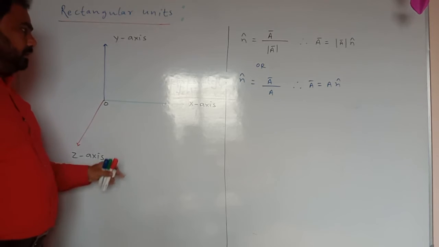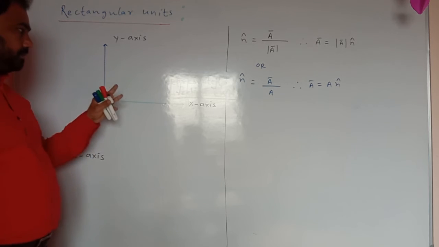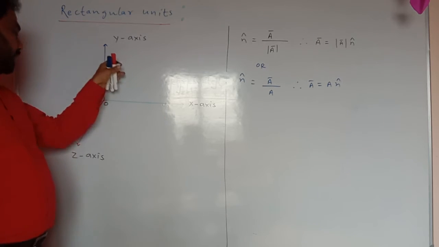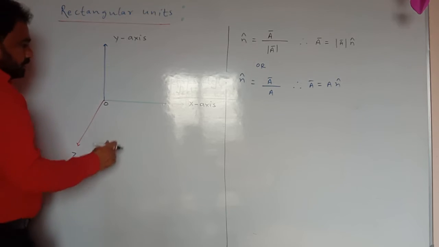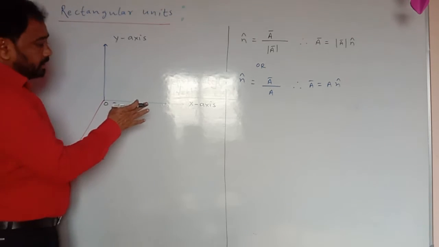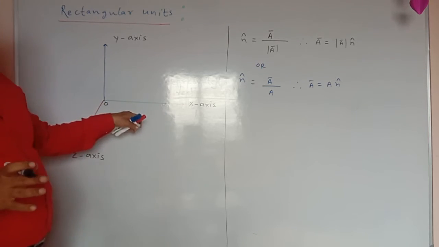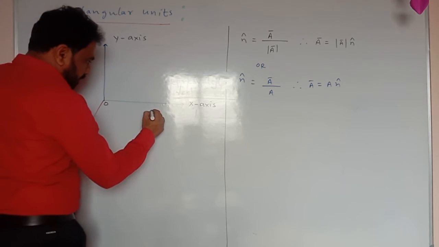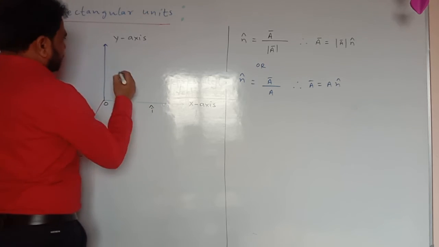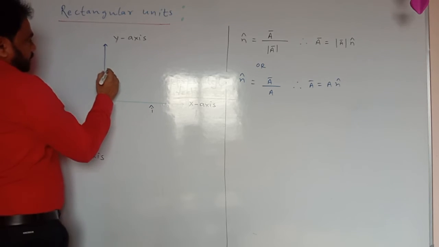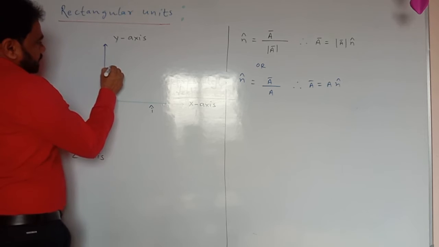We are using unit vectors for the x-axis, y-axis, and z-axis. Always remember, to represent the unit vector of the x-axis we use i cap. To represent the unit vector of the y-axis, that is j cap.